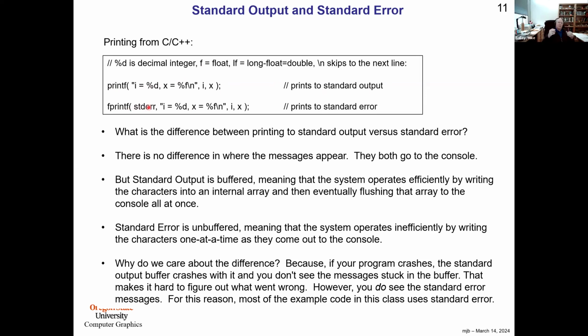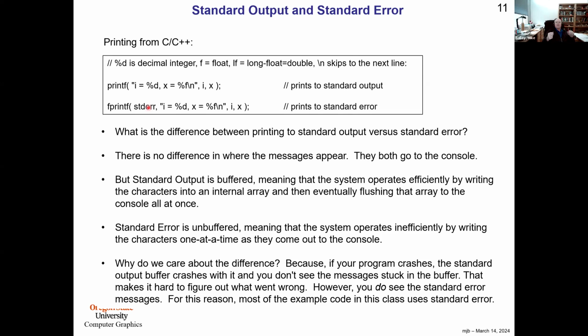So what's the difference? You'll see in a lot of the sample code, I like printing to standard error. Standard error is unbuffered, meaning if I print one character, the system sends that one character out and you see it. Whereas printf is a lot smarter. Printf buffers it. So it writes it into an internal buffer and then eventually flushes the buffer. But if your program crashes, that buffer for printf doesn't get flushed.